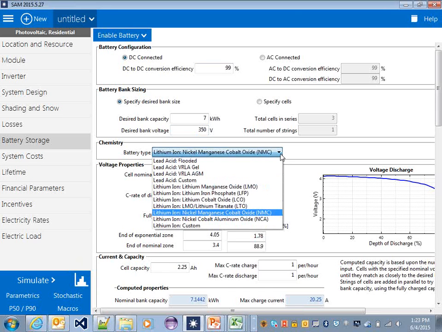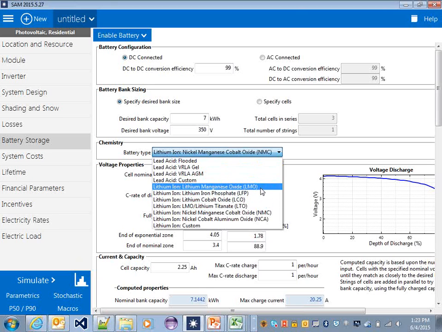And just to give you a sense, here's some of the chemistries you can choose from. Between lead acid, there's various types, flooded, vented, and then there's a lot of lithium-ion cathodes, and then one lithium-ion anode variation.